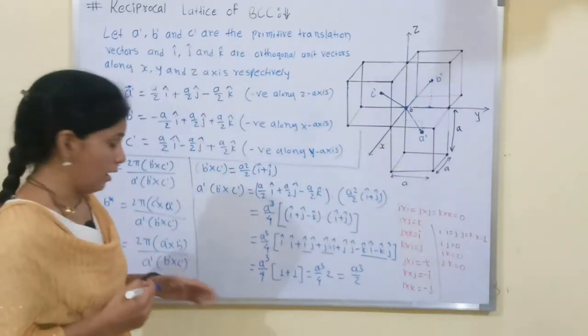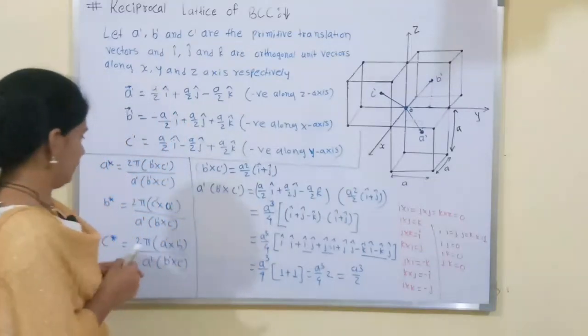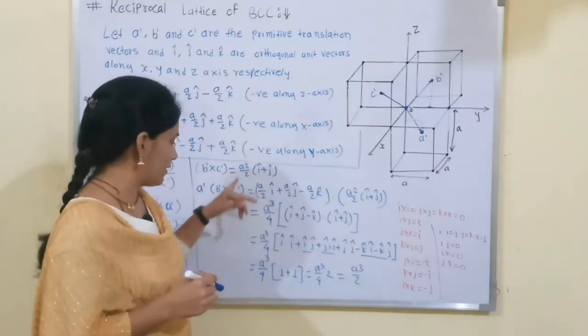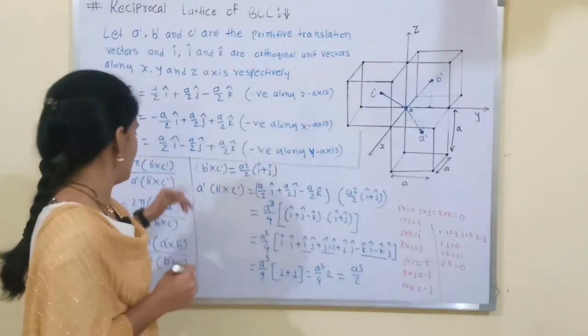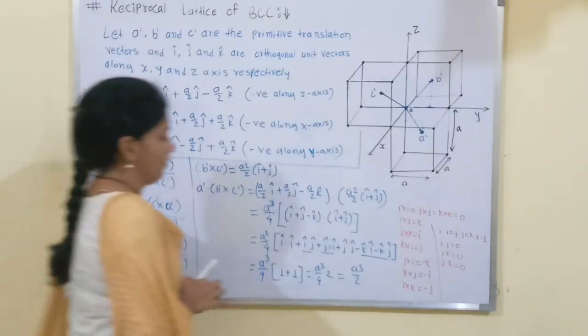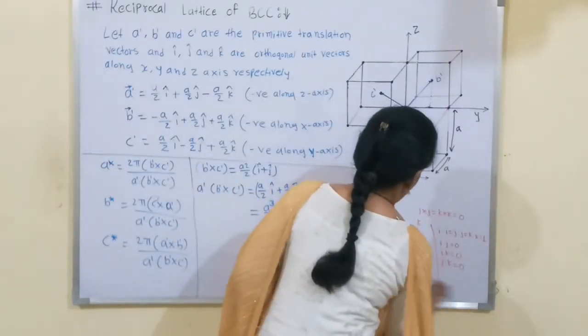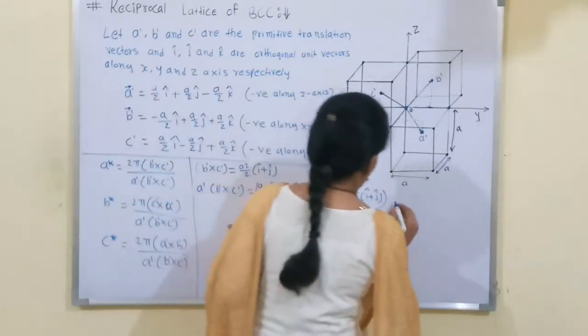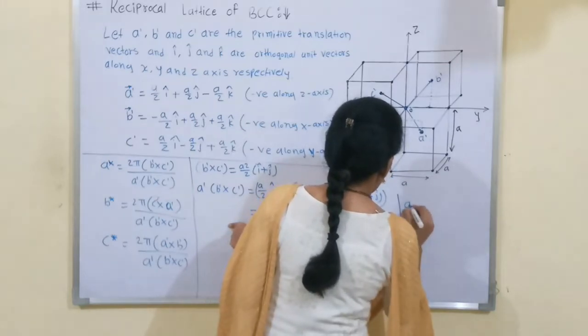This is the value of volume, and we will calculate for the A star. Put this value B cross C and A dot B cross C in this equation. Okay, and we will get, what is the value of A star?